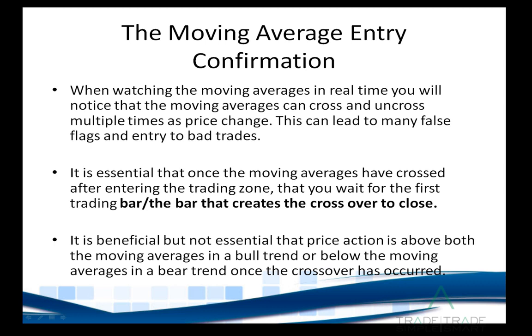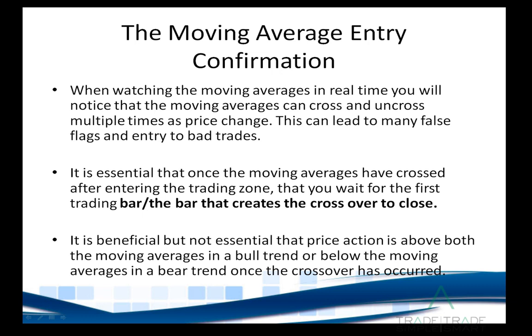So the nature of moving averages, especially those of relatively short term, such as the 5 and 13, is because price is prone to swings, that you would generally see the moving averages cross and uncross multiple times as price moves.